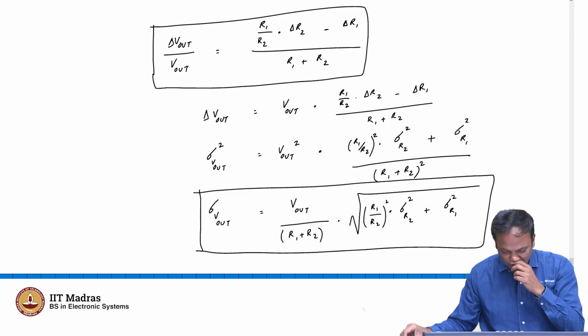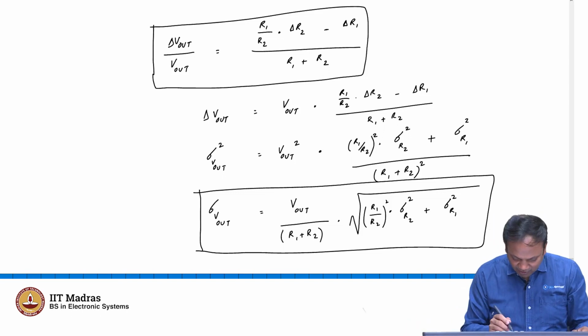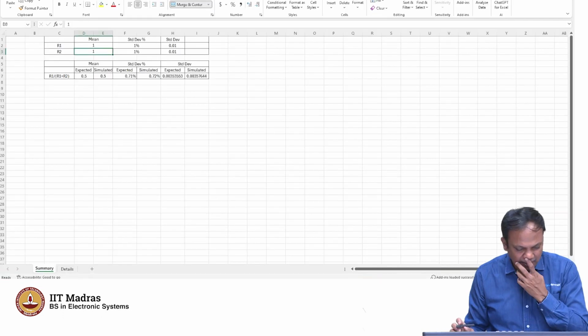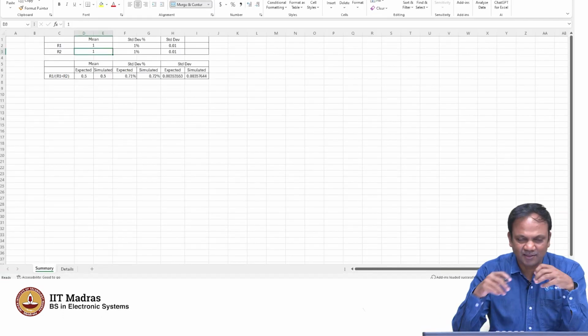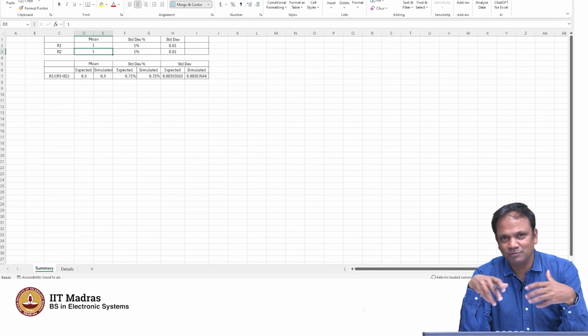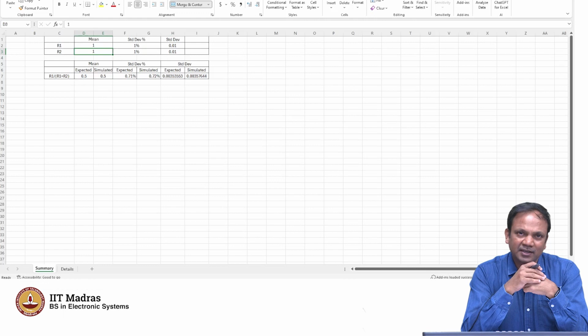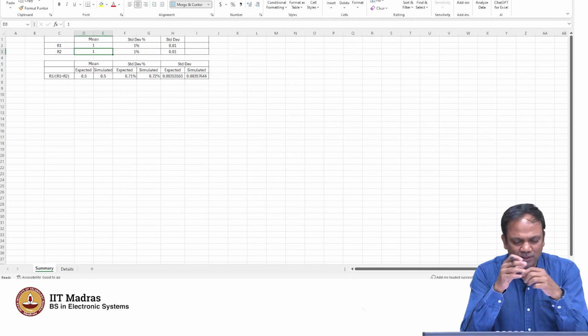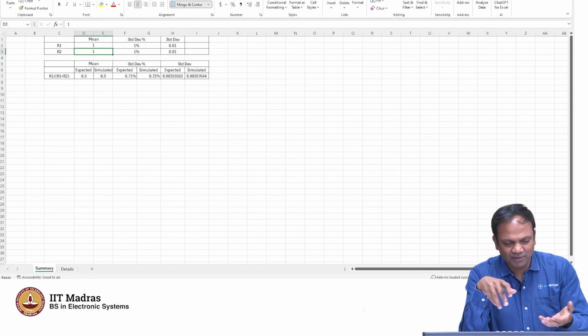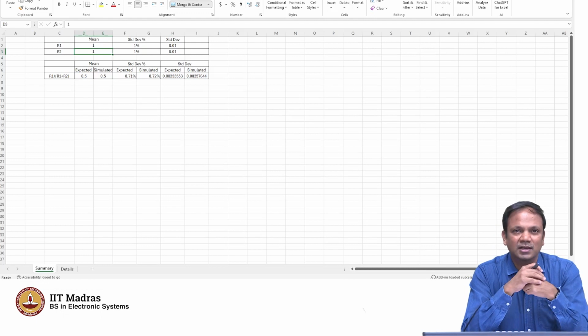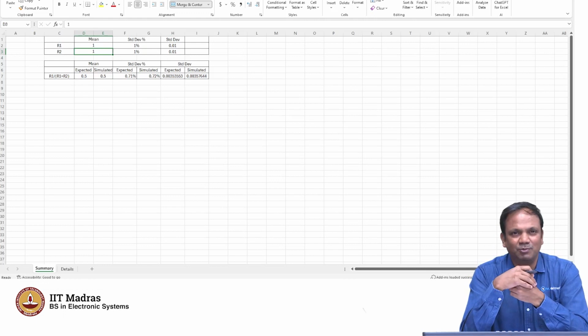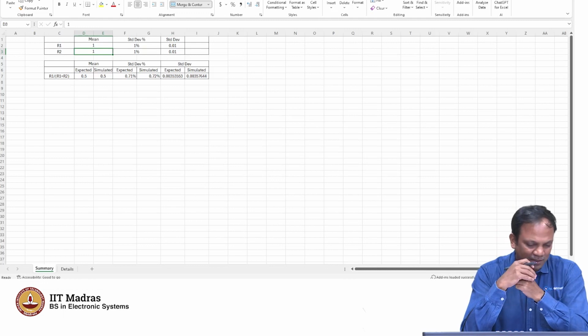I am going to ask you to do it. What I have tried to do is put something together with Excel. This is something I have built to validate that whatever formula I have come up with is correct. I would encourage you to build your own. I will also see if this can be made available to you, so you have some starting point, but I'd really encourage you to build this up on your own, right?